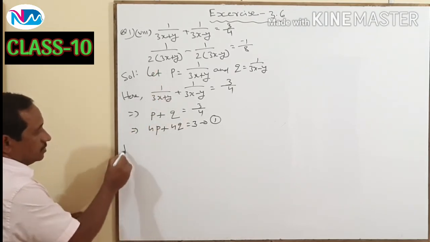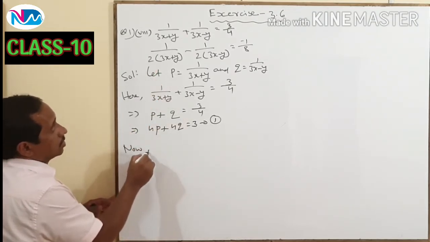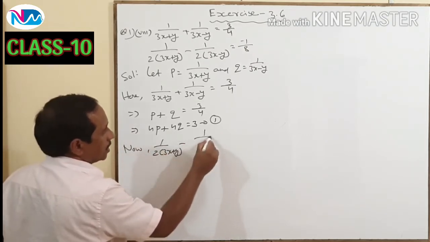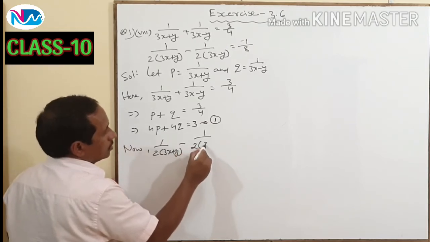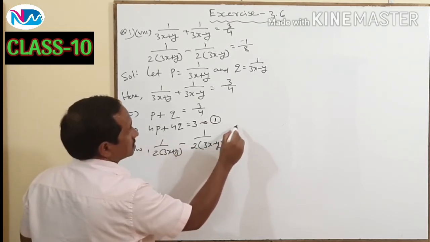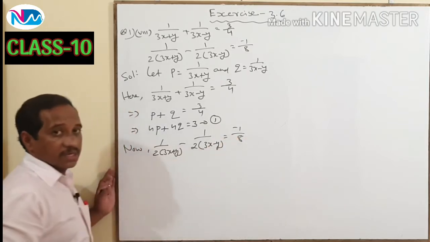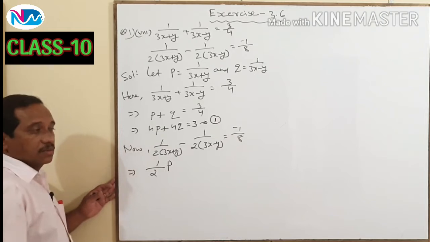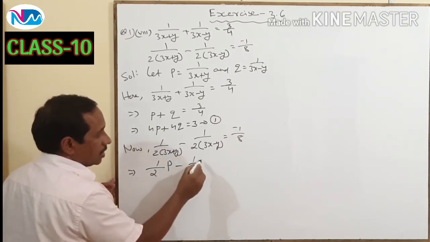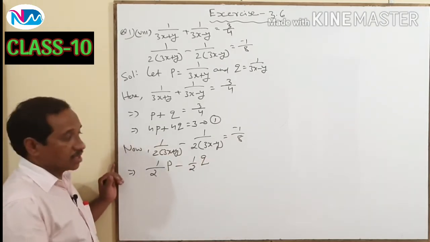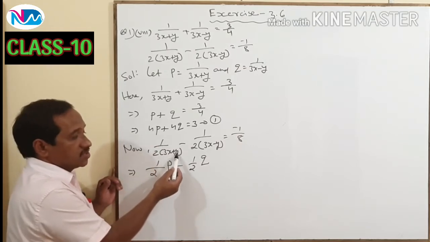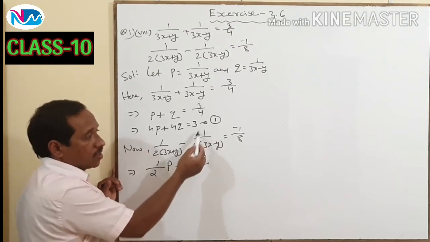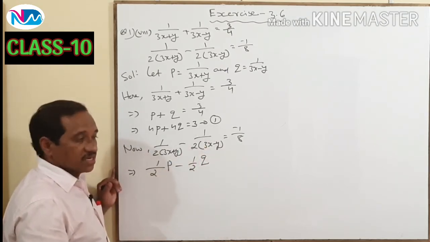Now the second equation, 1 by 2 into (3x plus y) minus 1 by 2 into (3x minus y) is equal to minus 1 by 8, will become 1 by 2p minus 1 by 2q, because 1 by 2 into 1 by (3x plus y) is 1 by 2p, and here also 1 by 2 into 1 by (3x minus y) is 1 by 2q.